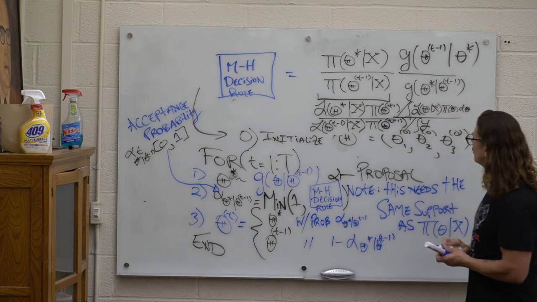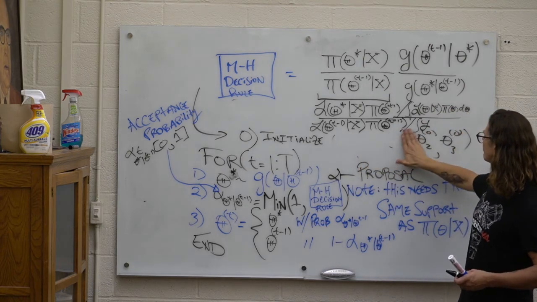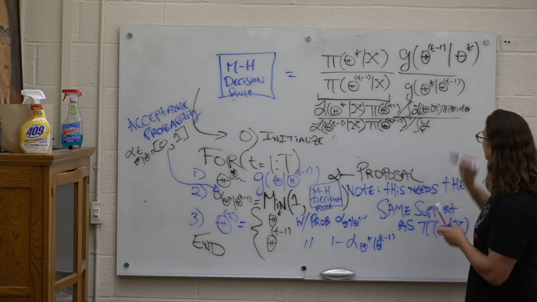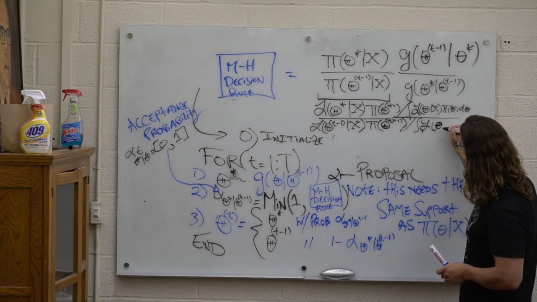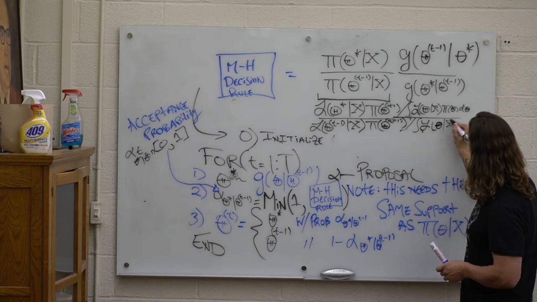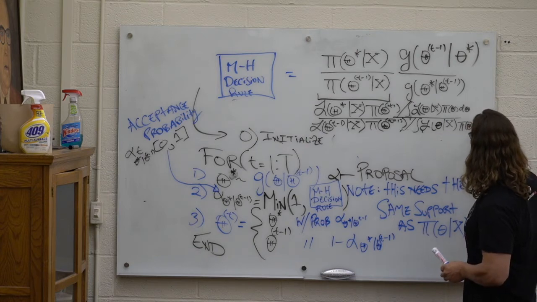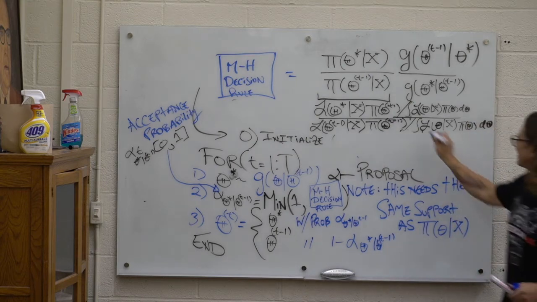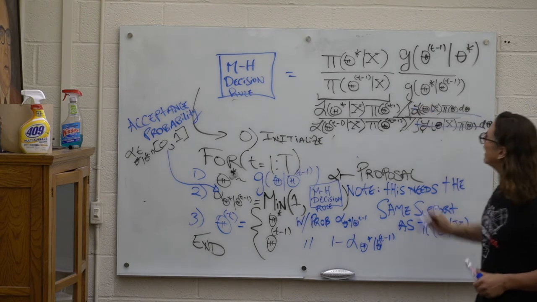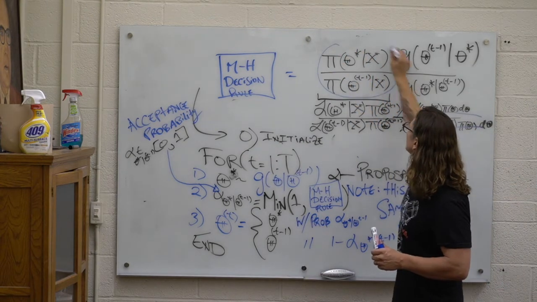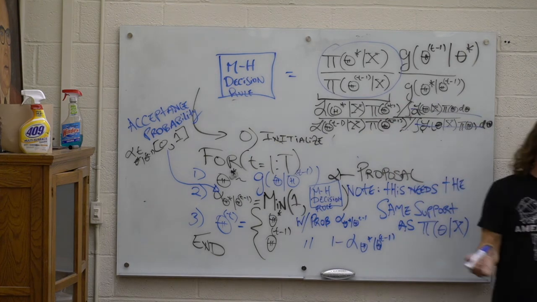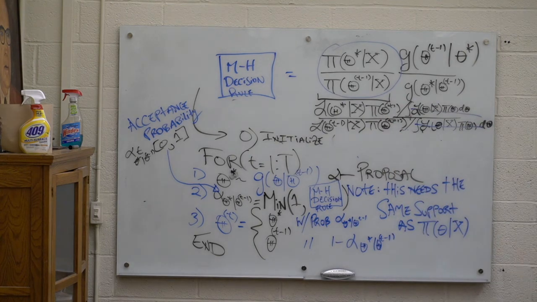Integral of likelihood theta given x, pi theta d theta. There's something beautiful here. These cancel. So I don't actually need to evaluate the posterior. I just need to plug in likelihood times prior to be able to evaluate them.